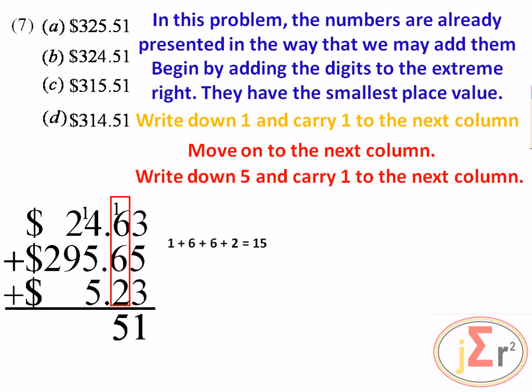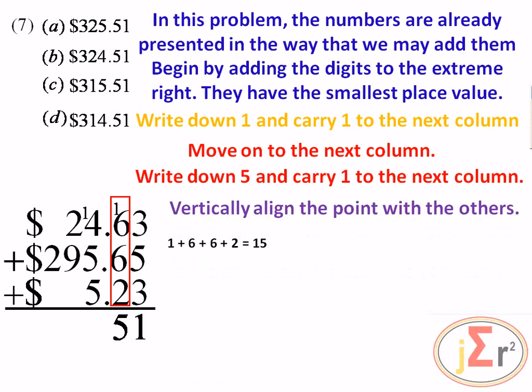So 1 is 10 tenths. So the tenth digit of the sum that we have here will always be carried to the column to the immediate left, in which the place value is 10 times the present place value. Vertically align the point with the other, so we have to put our point down also in its rightful place.